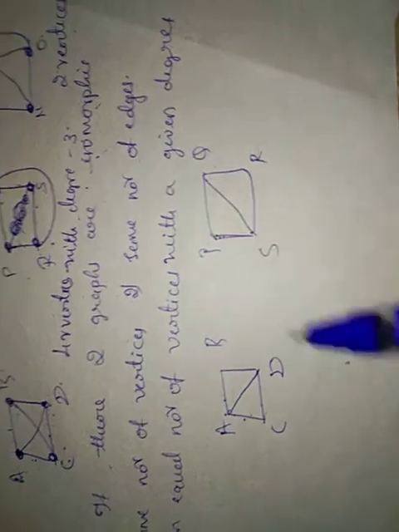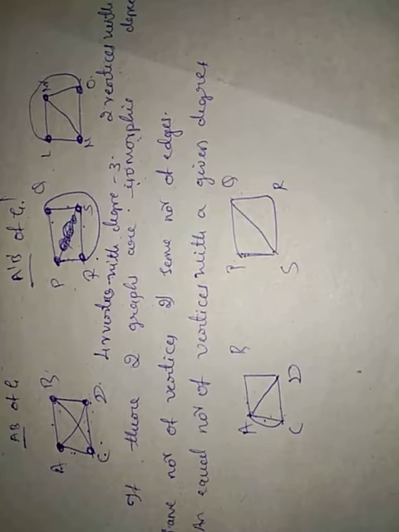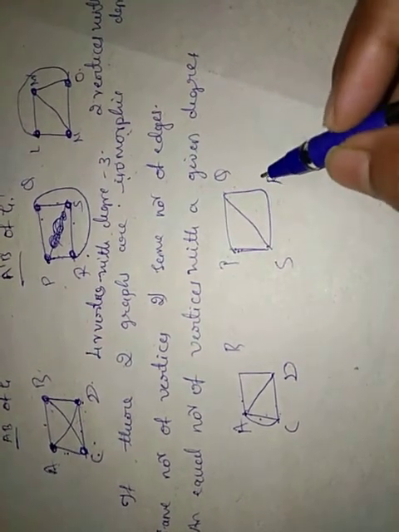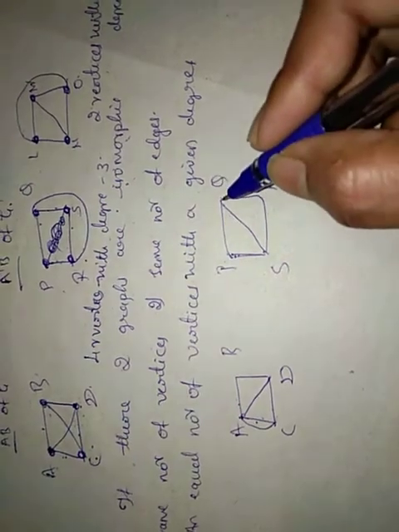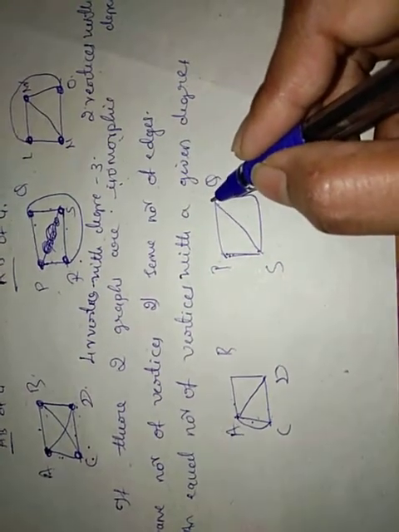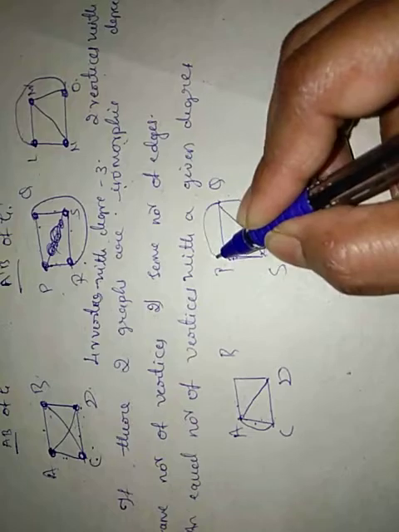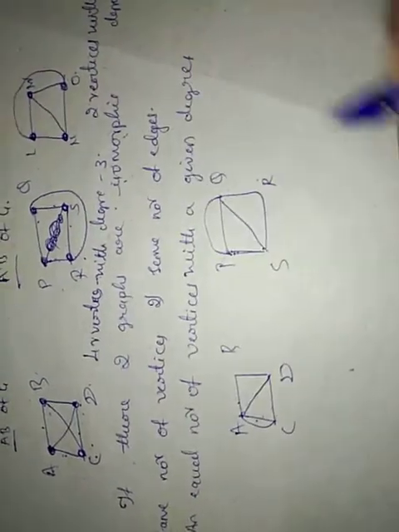For example, suppose there is one more edge from A to C. Just consider one more edge from A to C here, and here there is a Q to P. Clear?